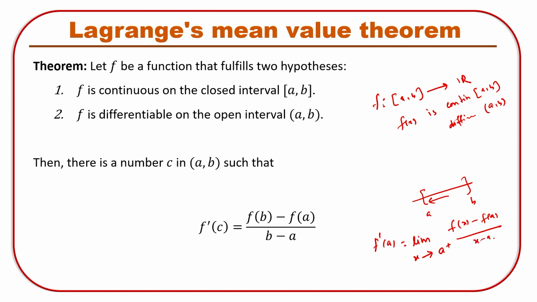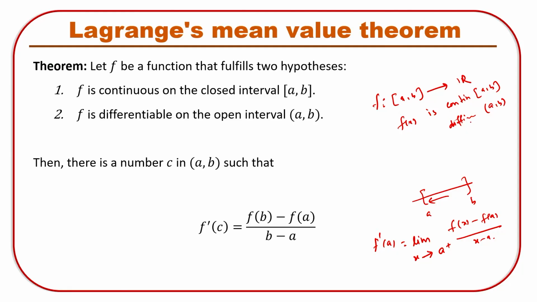That was the definition. This limit does not guarantee differentiability at that point. So continuity in a closed interval [a, b] does not guarantee differentiability at the endpoints. That's why in all the theorems you will see, since these are critical cases, the endpoints are left out. So we only concentrate on differentiability in an open interval, not at the endpoints a and b.